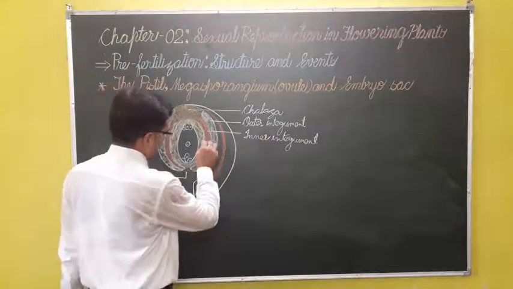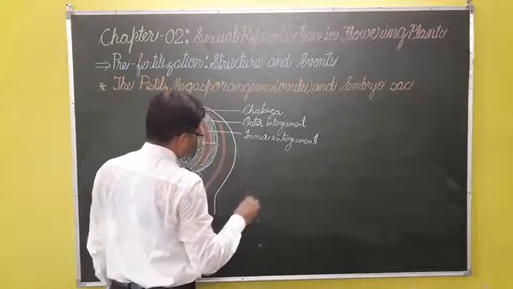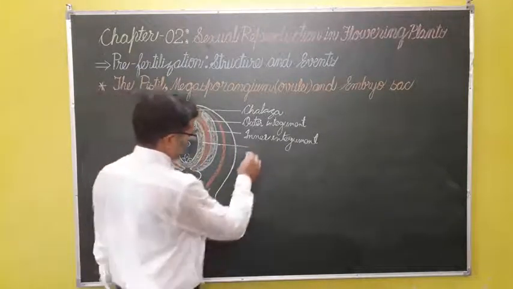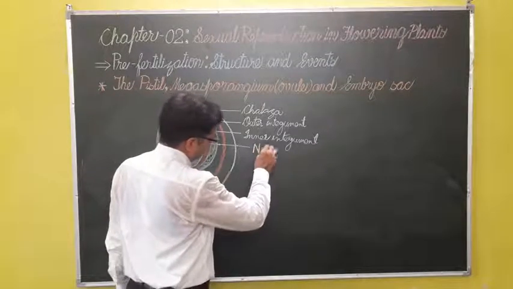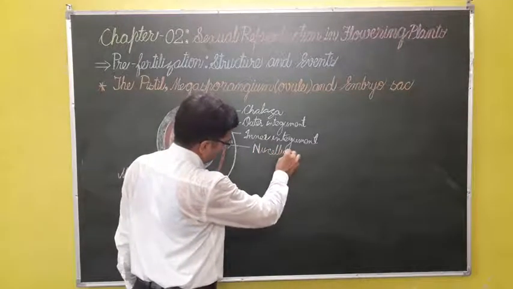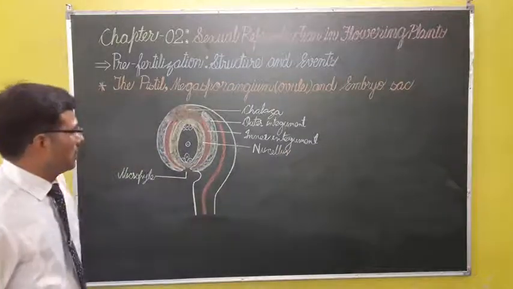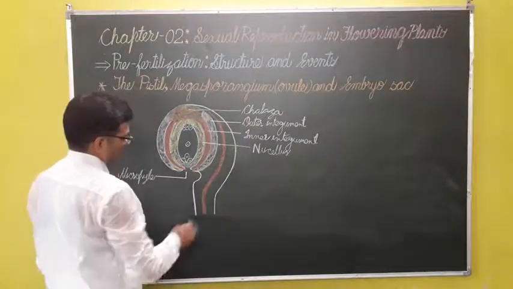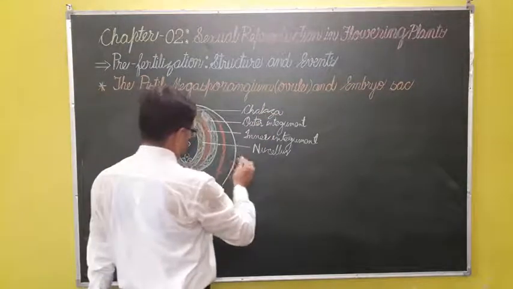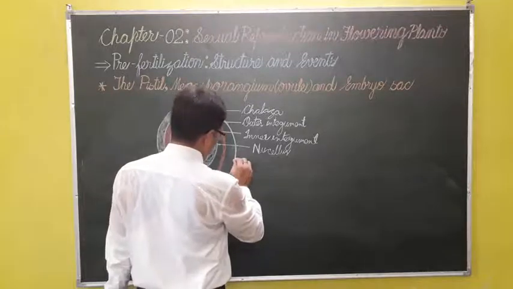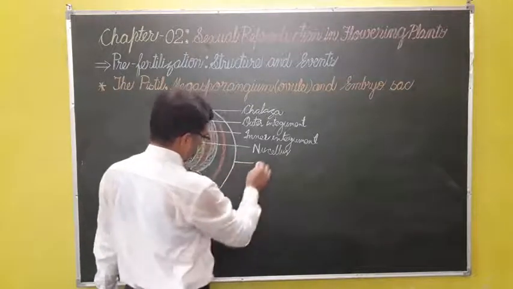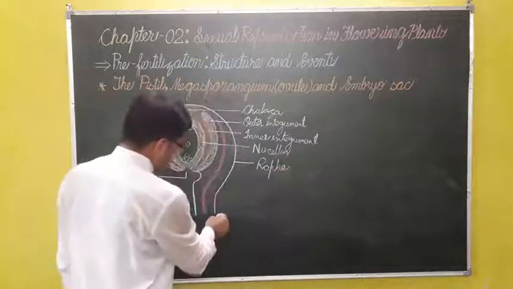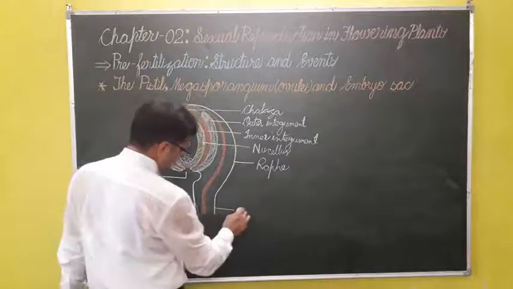Now this tissue which surrounds the female gametophyte is called nucellus. Right? Now, this is the raphe, and this part is called the funicle.